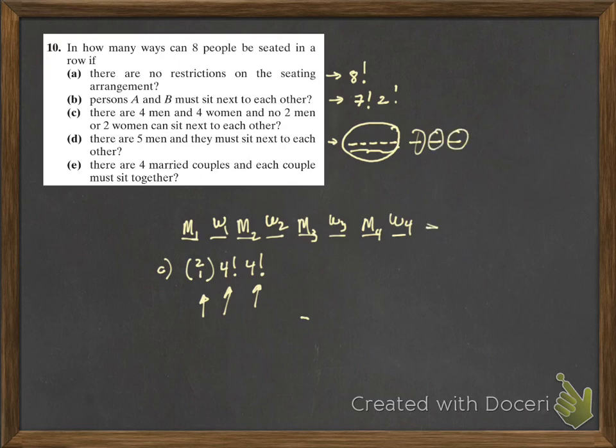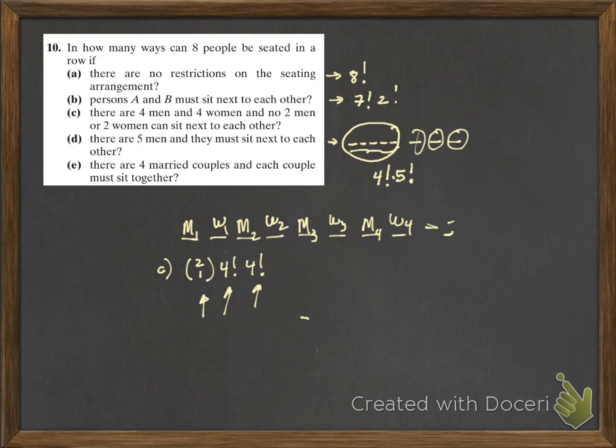So as we saw above, there are 4 factorial ways to arrange those 4 groups. But just like we could switch the A and B around, wherever the men group sits, we have to permute all of their orders. So there are 5 factorial ways for each grouping of the 4.